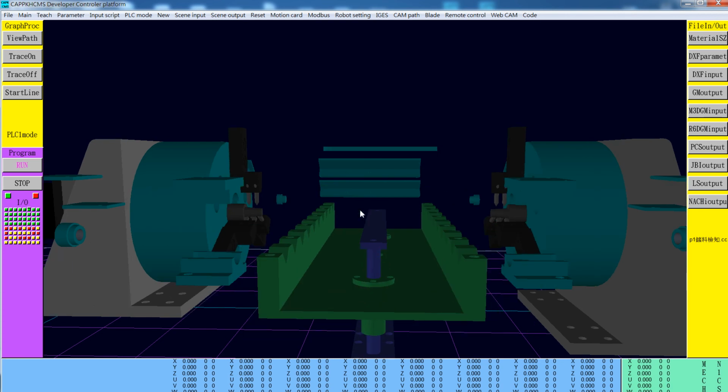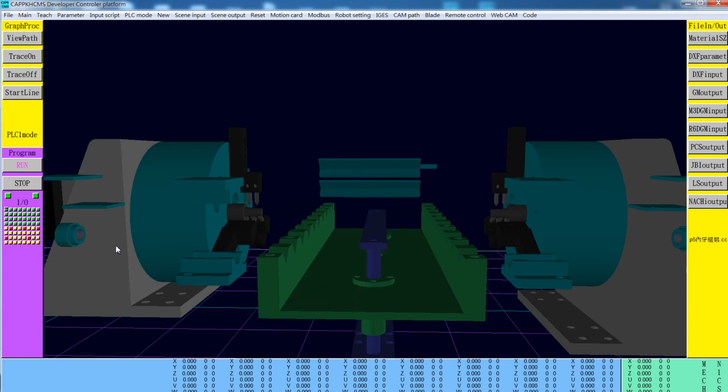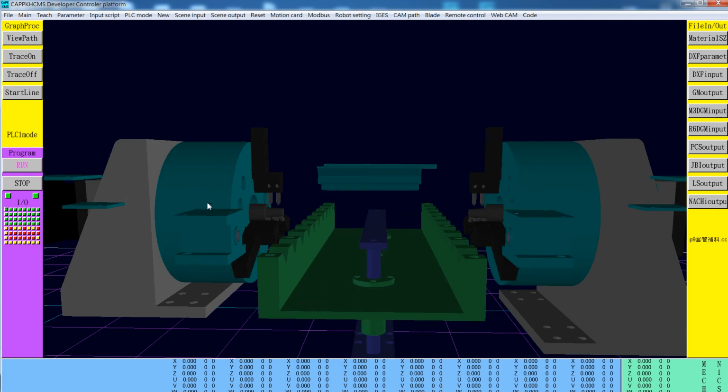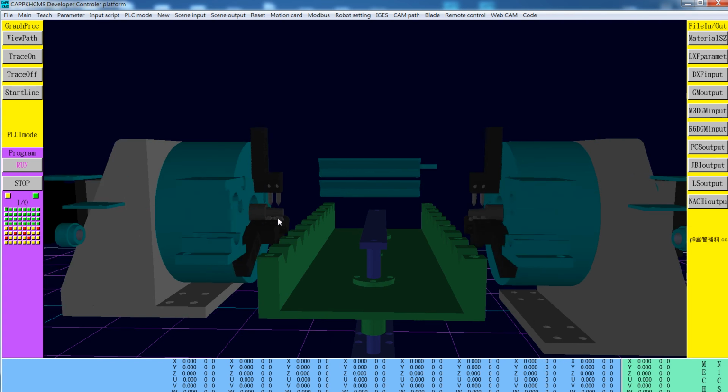Why do we say this is a visual script? Because you can see the script in front of your eyes before the physical machine.